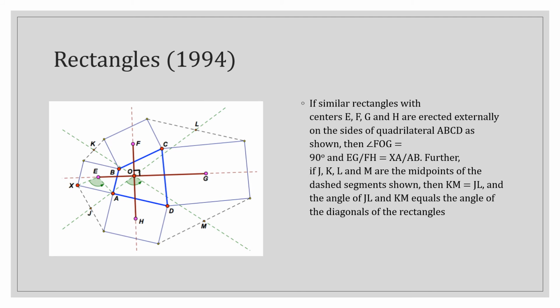We can see that the measure of angle FOG is 90 degrees, and we can see those ratios are similar. We can see those dashed segments, the distances are equal, and we can see those other angles are equal to the angles of the rectangles.